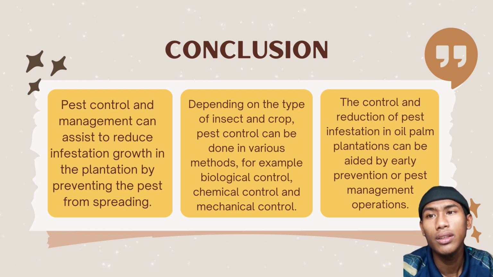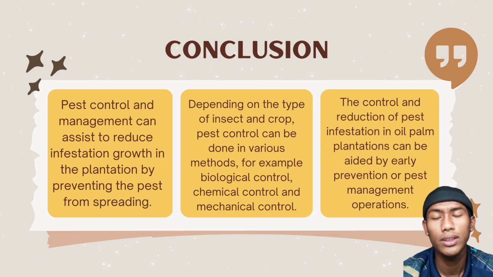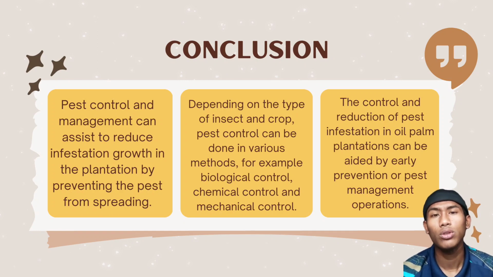In conclusion, pest control and management can assist in reducing infestation growth in the plantation by preventing the pests from spreading. Secondly, depending on the type of insect and crop, pest control can be done in various methods, for example biological control, chemical control, and mechanical control.